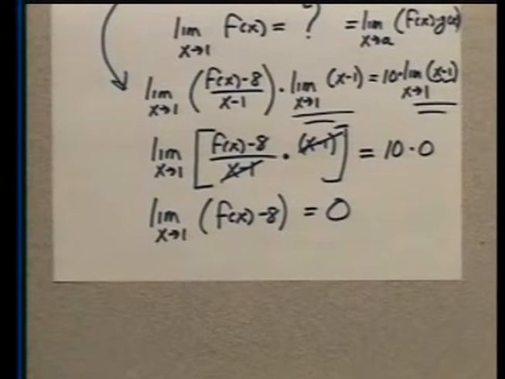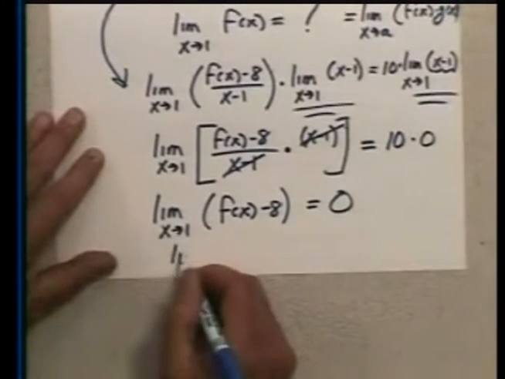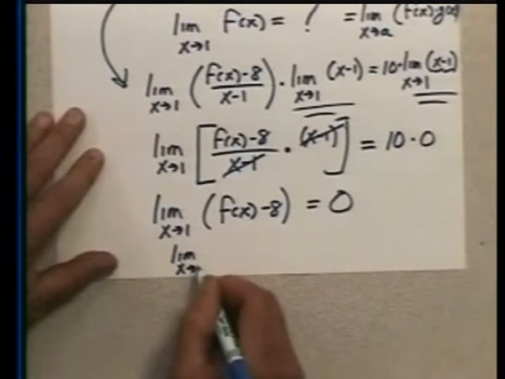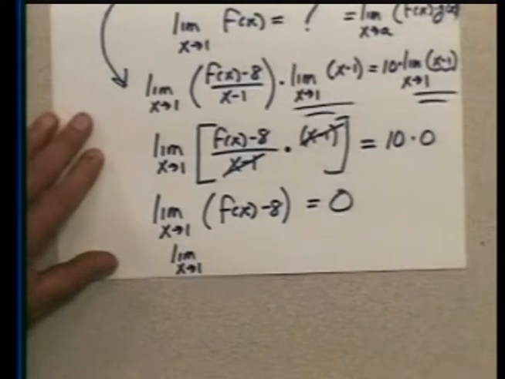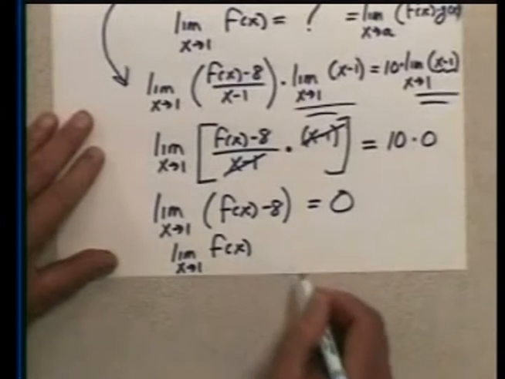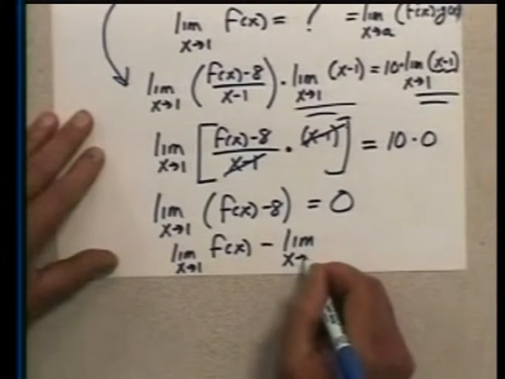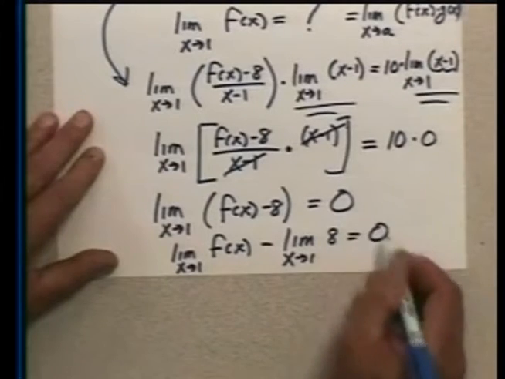Okay, I have another property that says if you have a limit of a difference, you can write it as what? You can separate it into the limit of f of x minus the limit of 8. And that still equals 0.